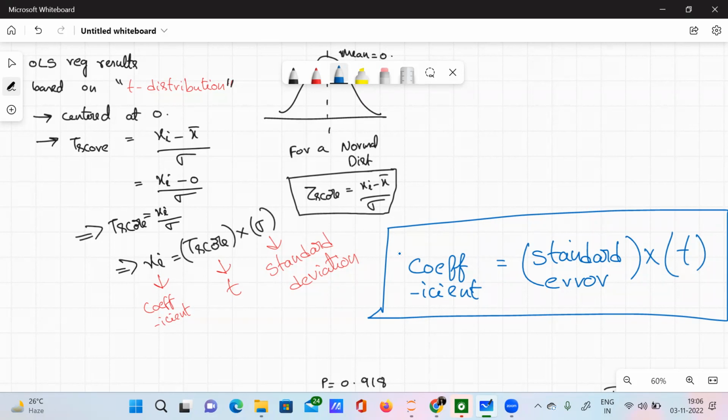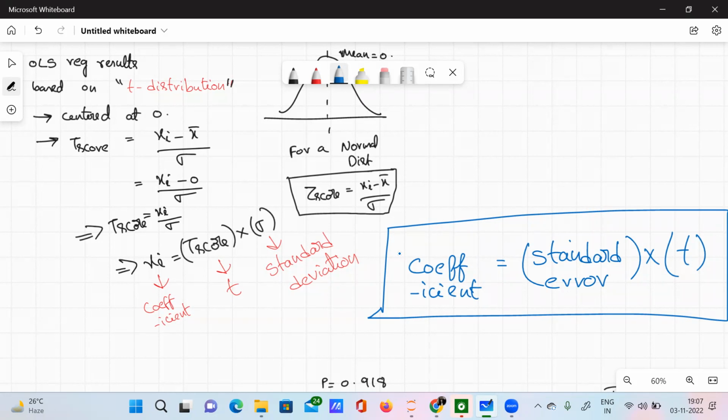So in the OLS regression results table, the tighter the distribution, that is, the lesser the standard deviation, the better it is. What is meant by a tighter distribution? The standard deviation should be less here.